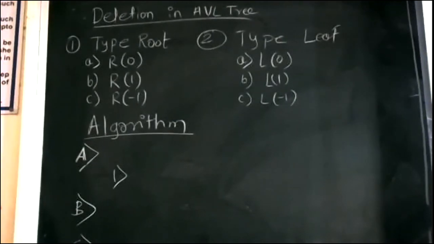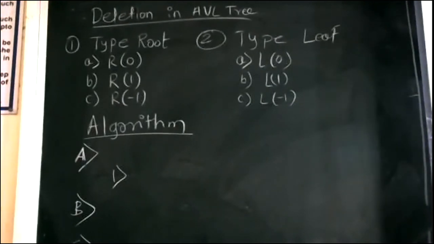If the deleted node is from the left subtree of A, then it is called type left deletion. Otherwise, it is called type right deletion. All of you have written the steps? Yes, sir.